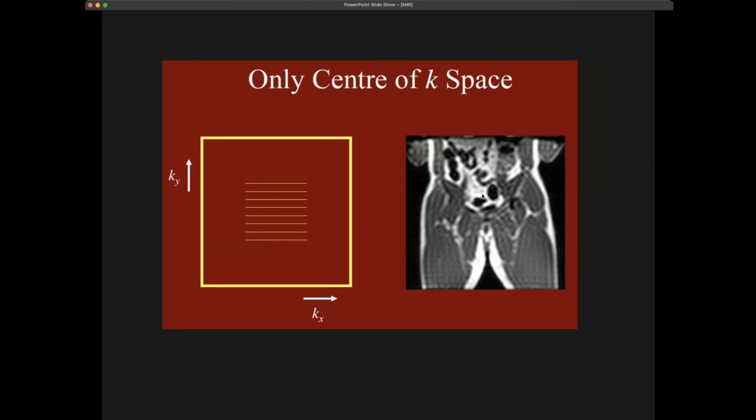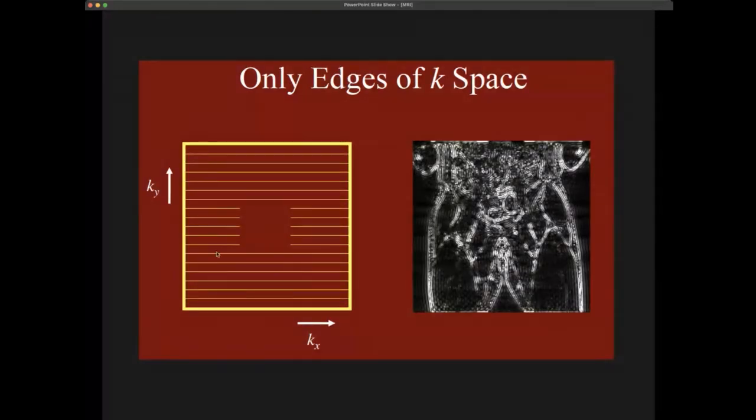What you see is that we only have the low frequencies then, and we get blurring, of course. When you miss high frequencies in an image, you get blurring. Or you can only measure the high frequencies, and then it's the same as measuring a gradient. So you are looking only at the very fast changes. This way you can optimize depending on what you want to emphasize in the image.